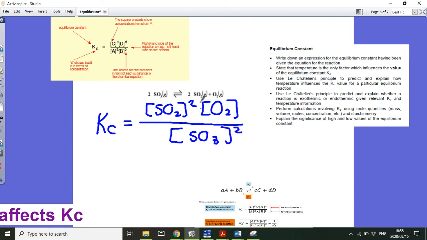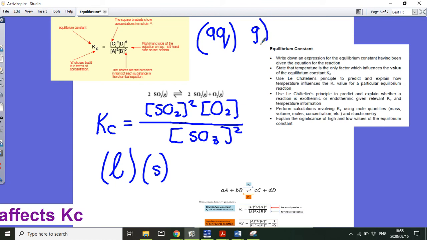That's my coefficient. Please remember, if there's a liquid or there's a solid, they don't change concentration. So the liquid and the solid, you'll just place a 1 instead. So in our Kc calculation, I'll only make space for aqueous and for gases. The rest I don't have to worry about.